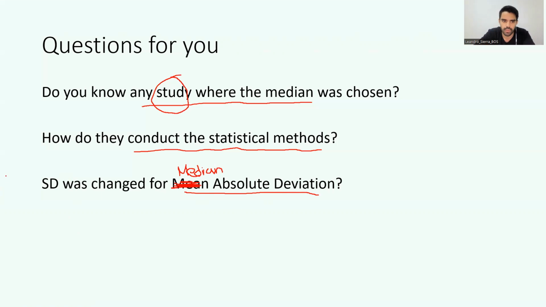So the question is, if we have a study that used the median for a statistical analysis, should we change the standard deviation to a median absolute deviation in order to conduct further testing? I don't know. Actually, I don't know. That is one of the questions that aroused me. I want to look for answers tomorrow.